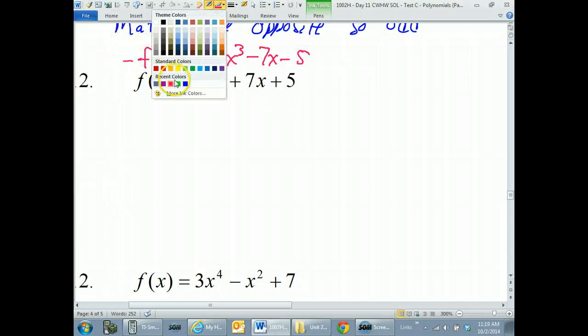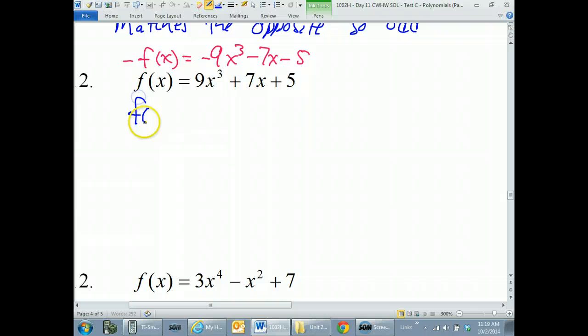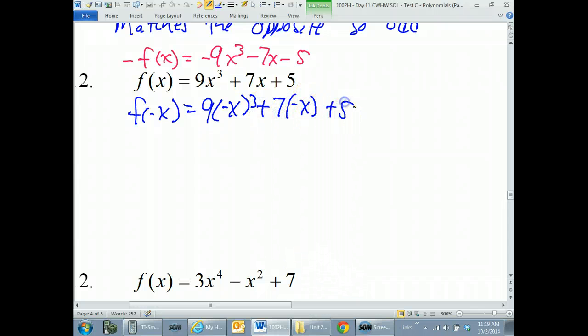Then we do f of negative x. So that's going to be 9 times negative x to the third power plus 7 times negative x plus 5. Now remember, if there's an even power, the negative goes away. If there's an odd power, the negative stays.